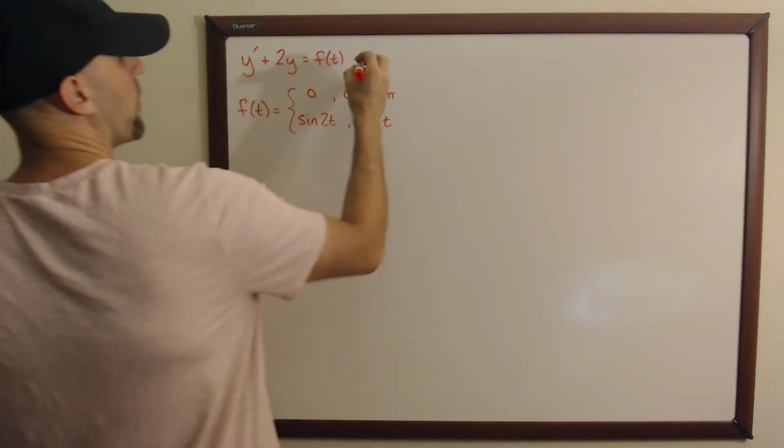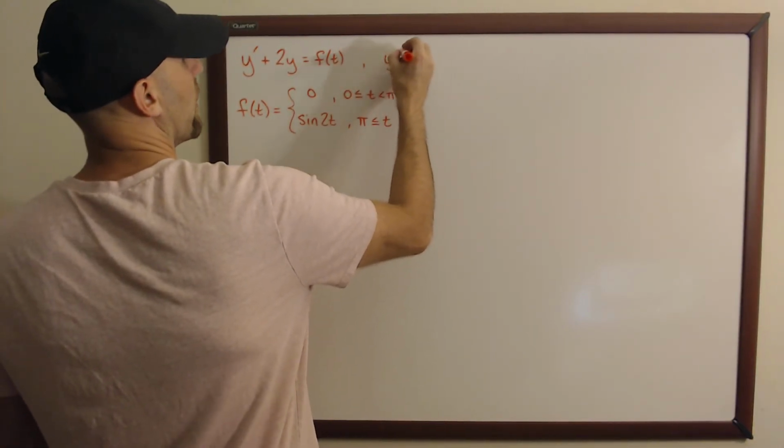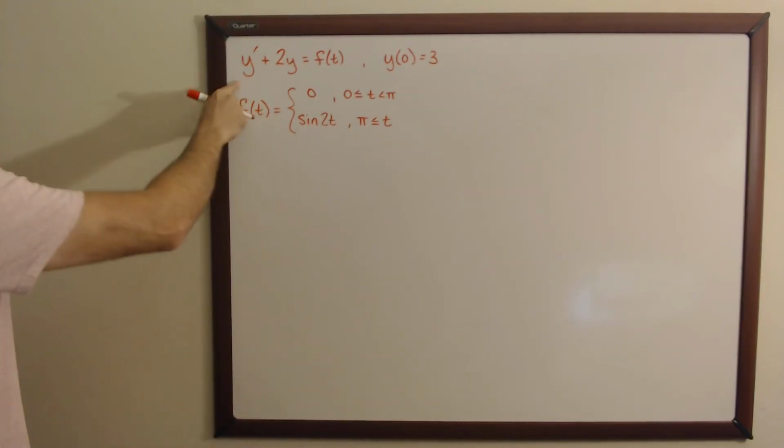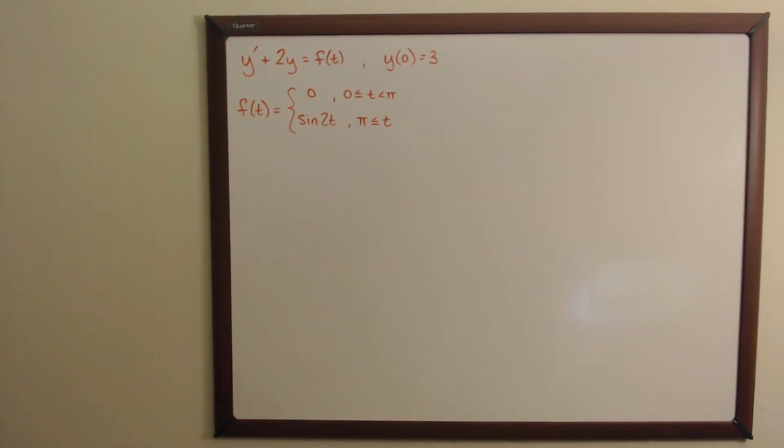And I'm given one more thing, an initial condition. Remember, you always have to have these initial conditions to solve, because when I take the Laplace transform of that derivative, I'm going to require those initial conditions.